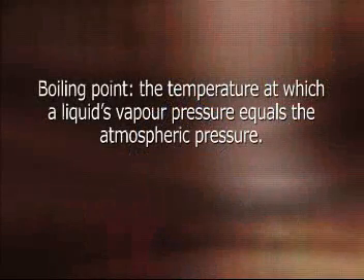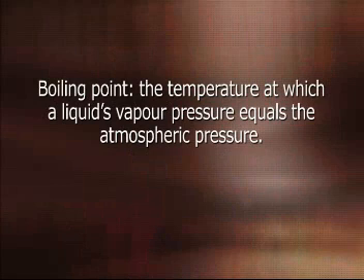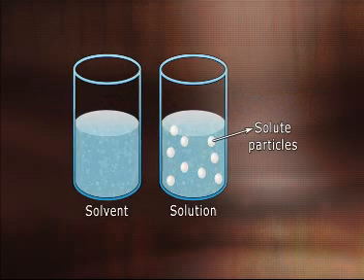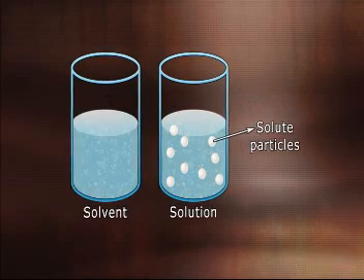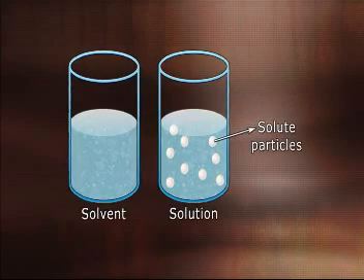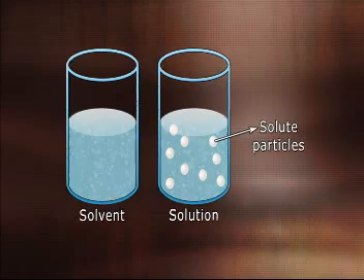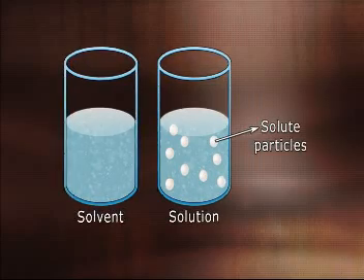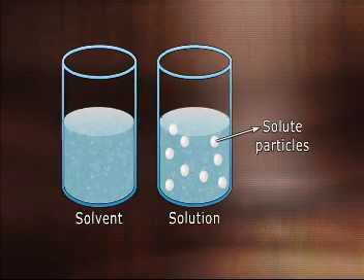We have learned that the boiling point of a liquid is the temperature at which a liquid's vapor pressure equals the atmospheric pressure. However, the boiling point will increase if a non-volatile solute is added to a solvent. This is because the vapor pressure of a solvent at a given temperature is lowered by the presence of a non-volatile solute.